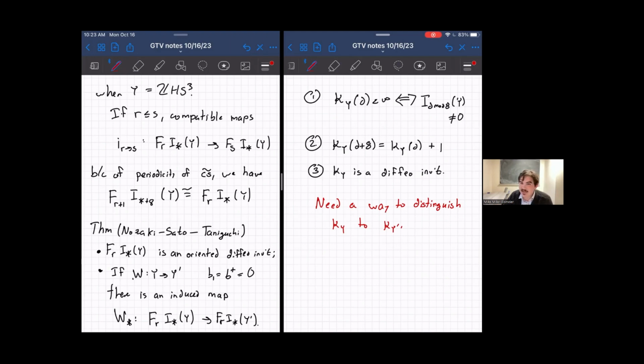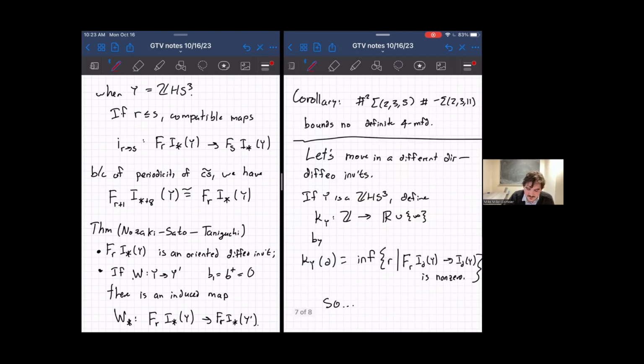Maybe two. I guess it depends on how much work I'm willing to put into going through Fintushel-Stern's instanton homology paper. But it's tough to compute this, and trying to compute this is not a good way to use this tool. We instead want some general theorems which help us understand when two things will have these invariants be distinct.